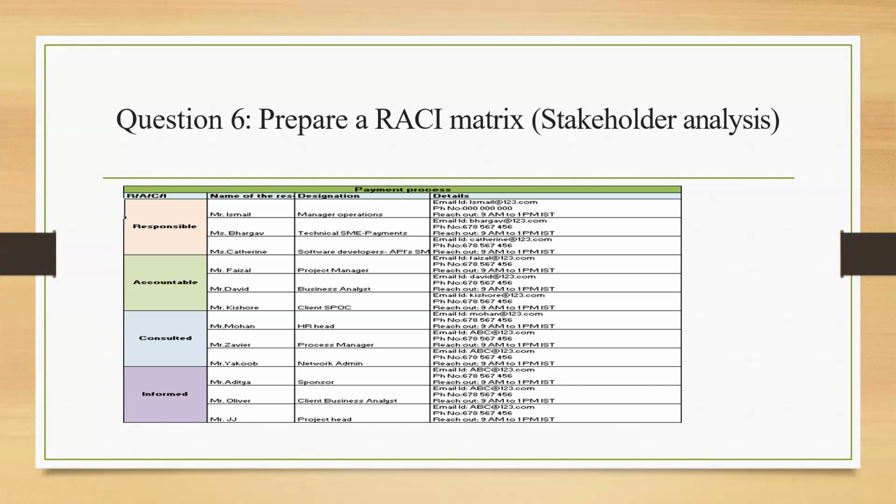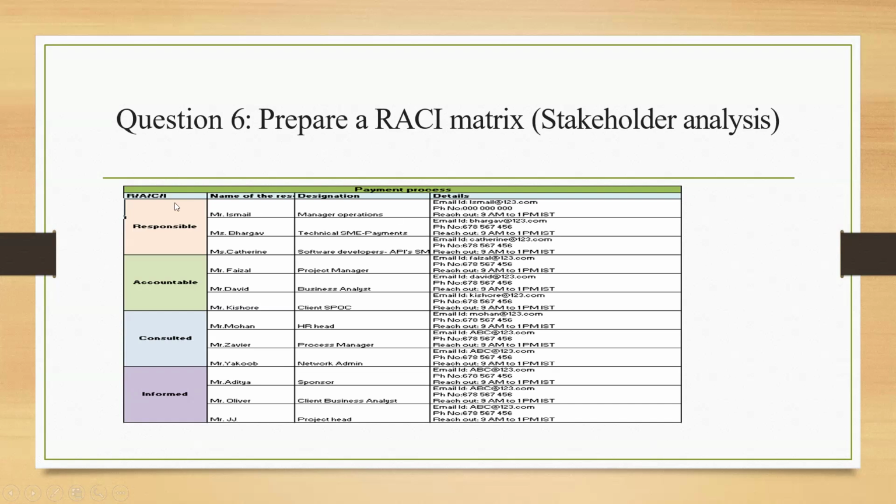So who fits where? What are those roles and who holds those responsibilities? You need to identify all the stakeholders involved in your project and decide who comes under responsible, accountable, consulted, and informed.